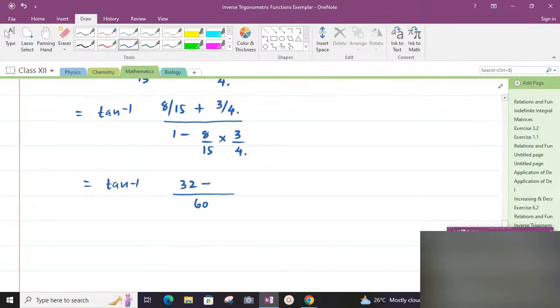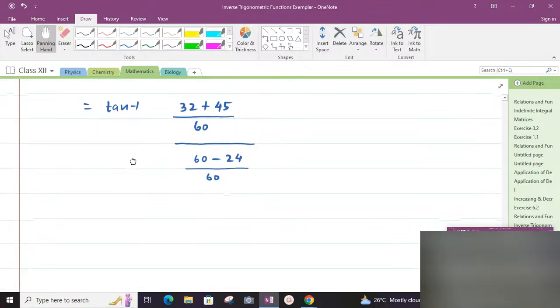So we write 32 plus 4 fifteens are 60, therefore 15 threes are 45. We write this by LCM 60. So we write 60, and 60 minus 8 threes are 24. Hope there is no problem up to this step.